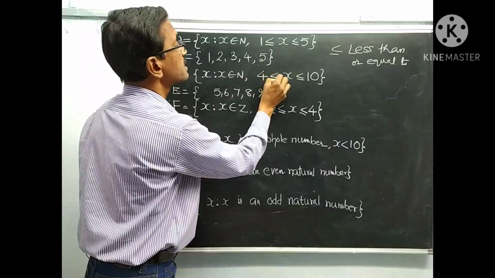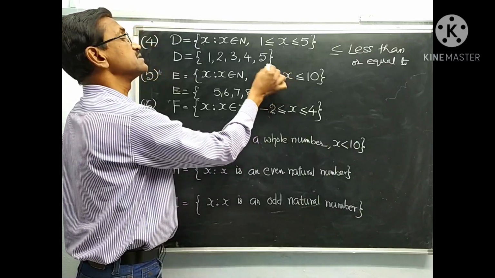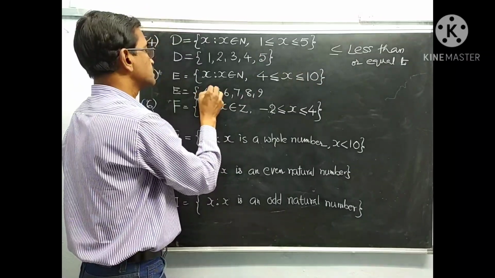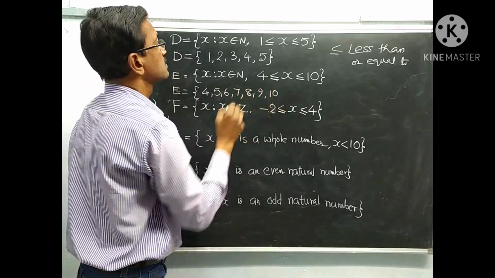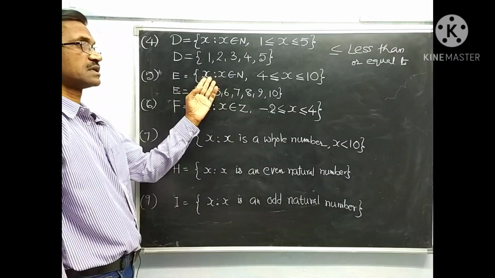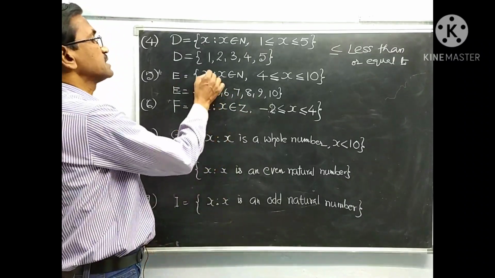But here is the symbol of equal to, which means x takes this value and that value also, the 4th value and the 10th value. So it takes 4 and 10. So that's why this is the roster form of this set builder form. Both represent the same set.